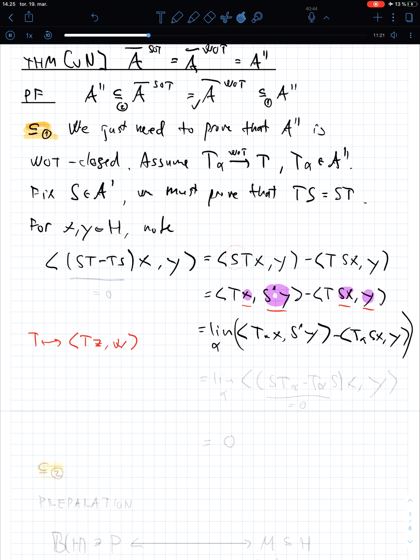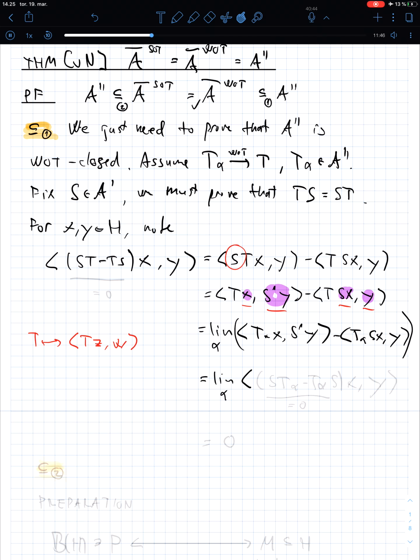Right, so I'm using the star to move the S away from the T so that I can use the convergence in the topology that I'm working with. But the point is that now I can just move things back again, because it's the same expression independently of whether I have T or T alpha.